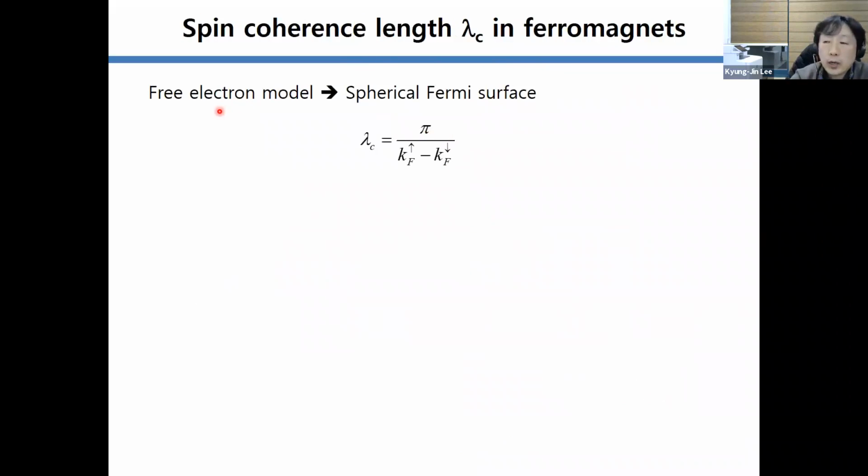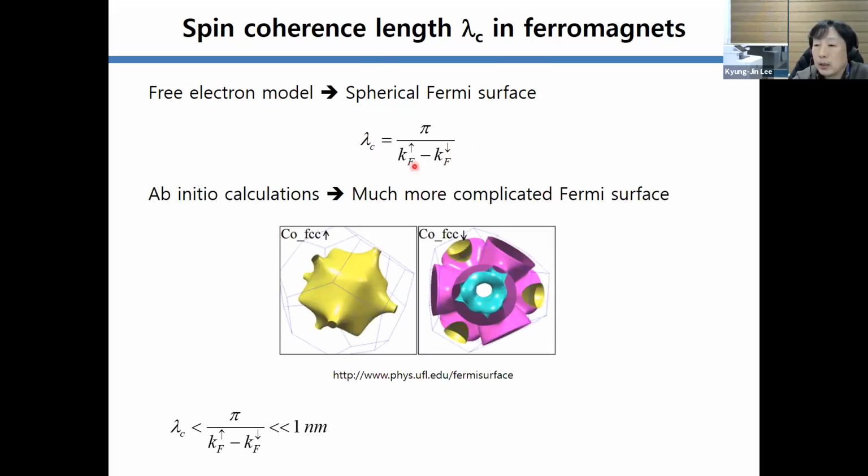When you use the free electron model, this number is about 1 nanometer, I think, but in reality the Fermi surface shape is much more complicated than assumed in the free electron model, which means that there is more dephasing than expected in the free electron model.